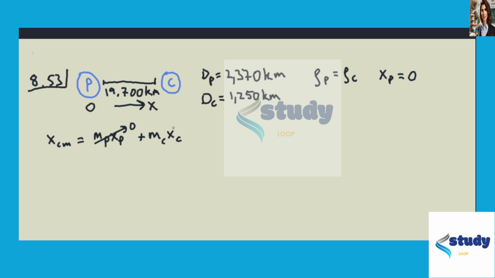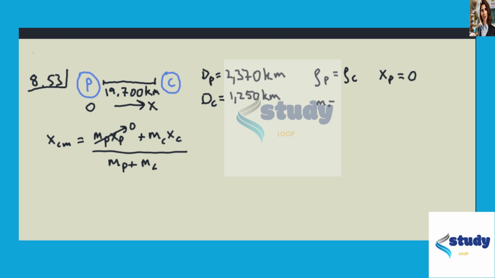So this will be 19,700 kilometers because we picked Pluto to be 0. And then this will be divided by the sum of the masses. So we need to figure out what the masses end up being, of course.